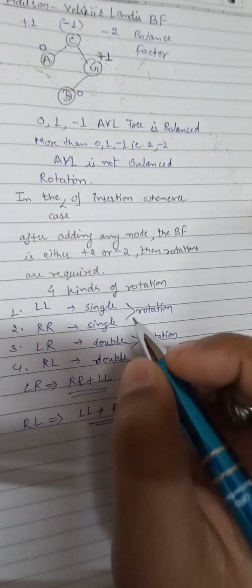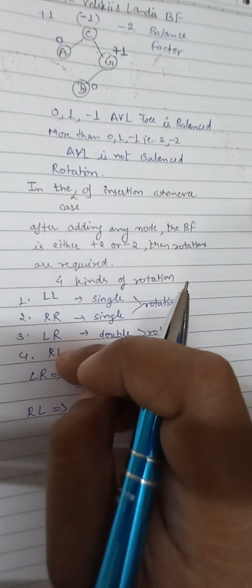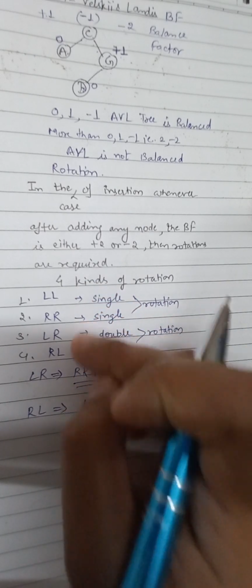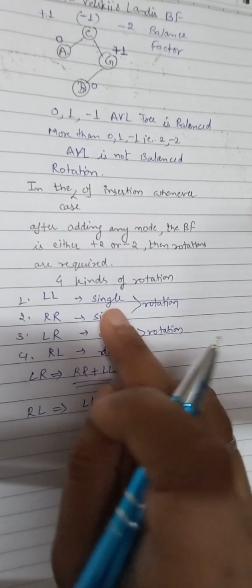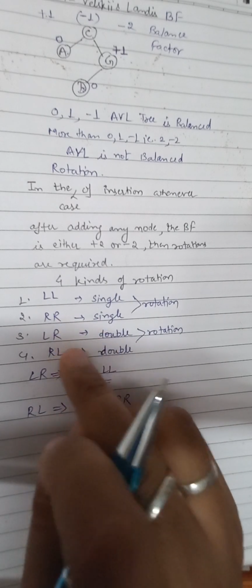Here there are 4 kinds of rotations: LL, RR, LR and RL. LL and RR are known as single rotations, while LR and RL are known as double rotations. Why? Because LL and RR we can't break further, but LR and RL we can break further.